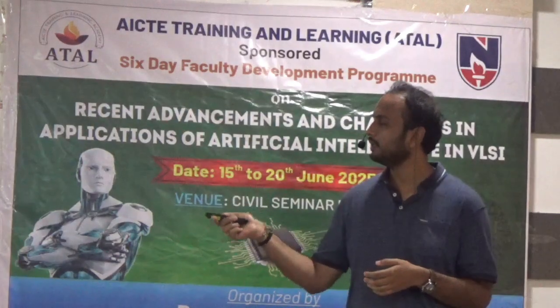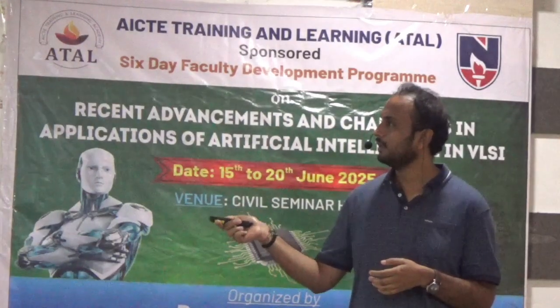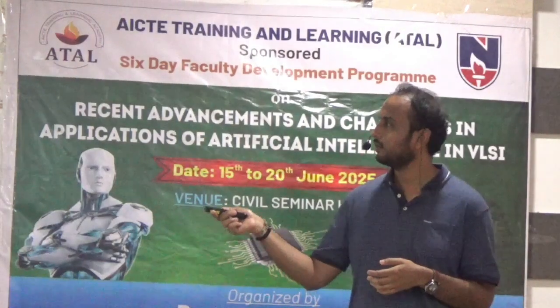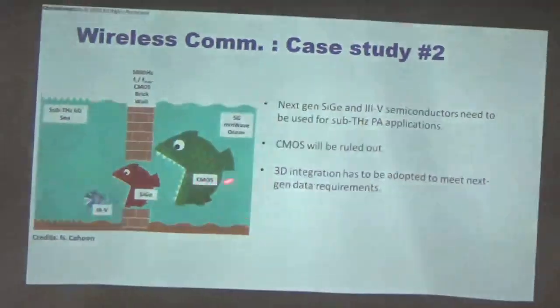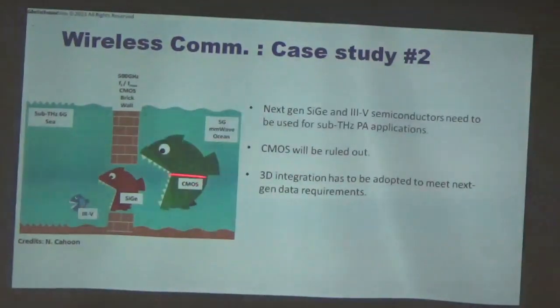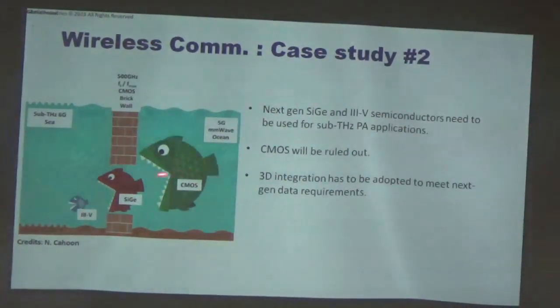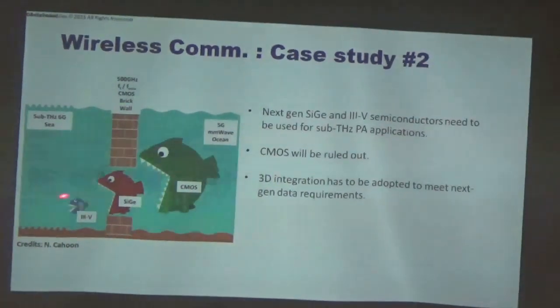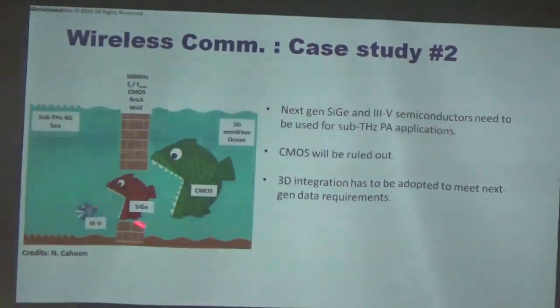This is the limit. This is the sub-terahertz area, and this is what we have right now with 5G and millimeter wave. If you clearly see, CMOS will not be able to reach sub-terahertz. Silicon germanium, because of its properties, will just manage to make it. But the next big thing is the third and fourth group elements, that is indium phosphide and gallium nitride.